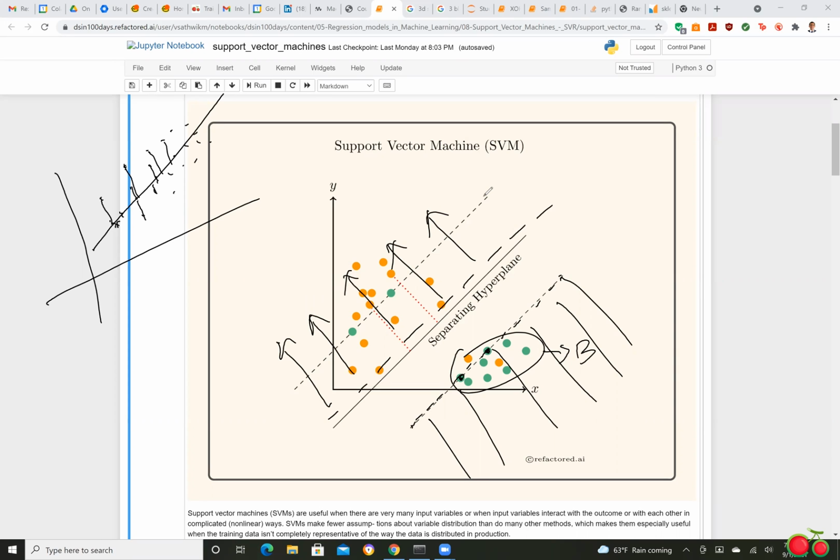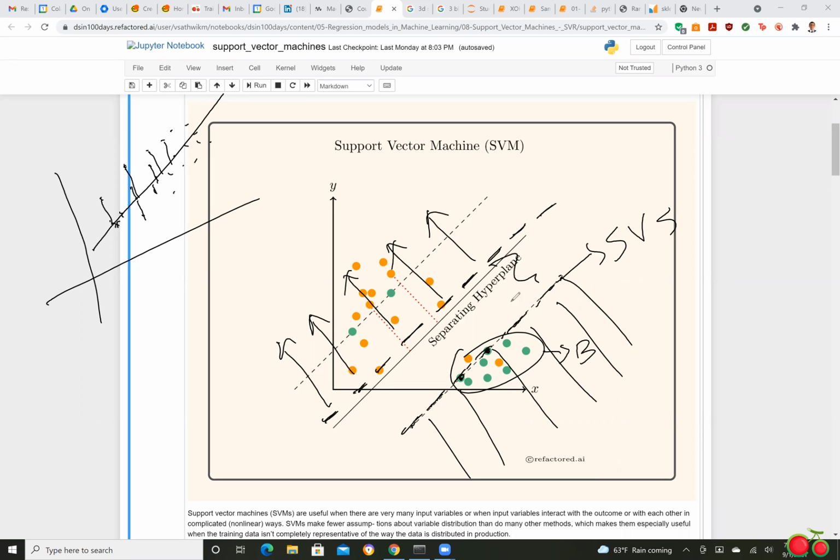These border points, these observations which are on the edge of the dimension space, when you run a line or a plane or some kind of a divisive entity through these border points, what you get are called support vectors. I got this support vector here through these border-lying orange points. I got this support vector here through these border-lying green points.